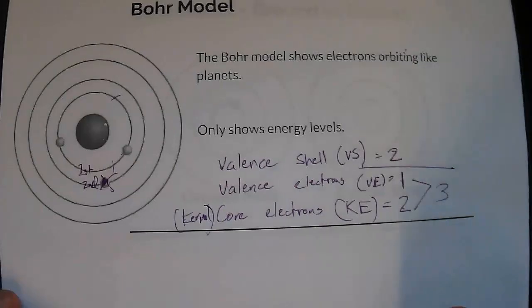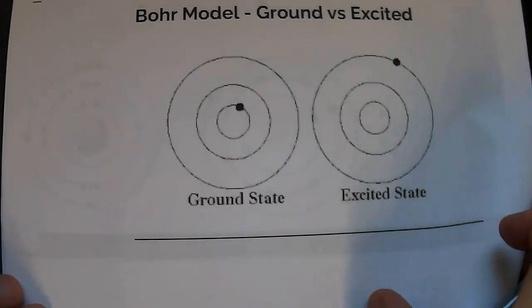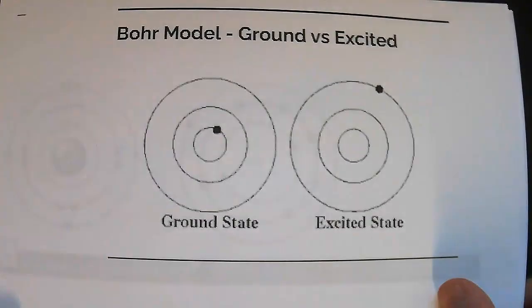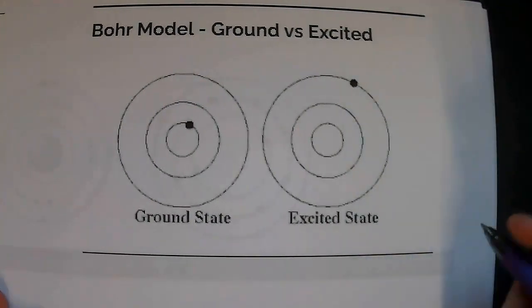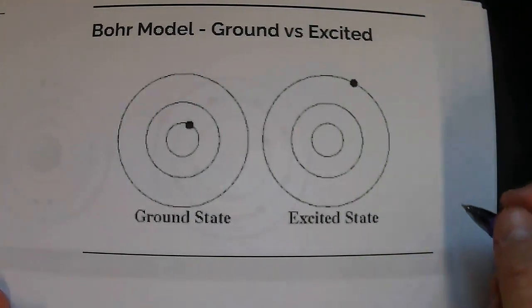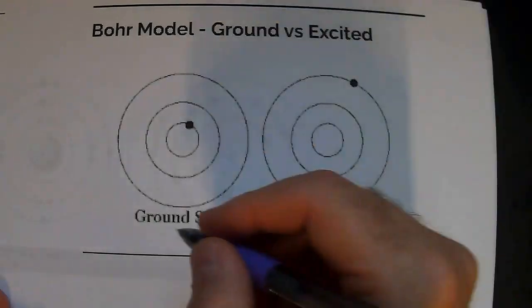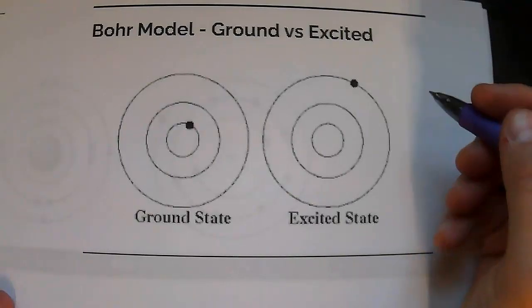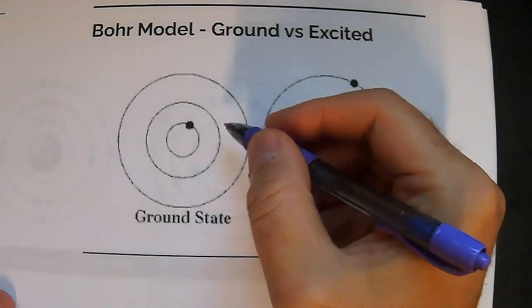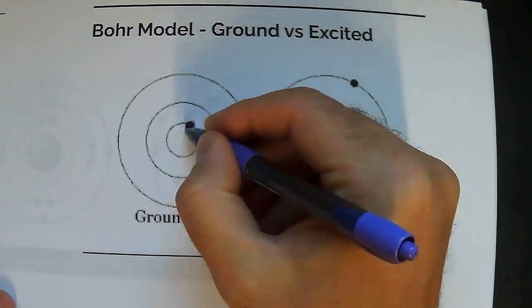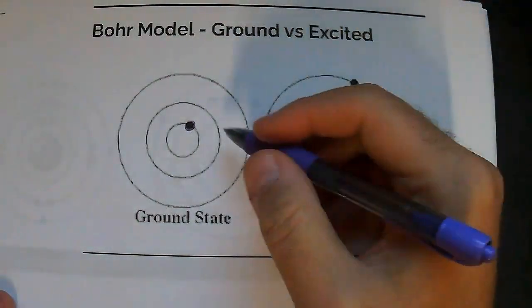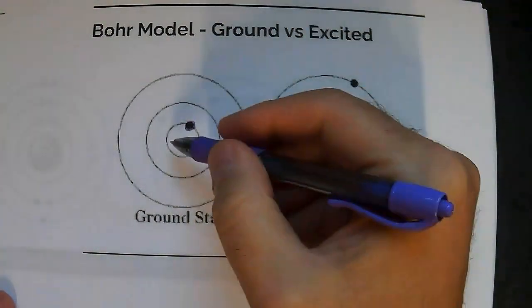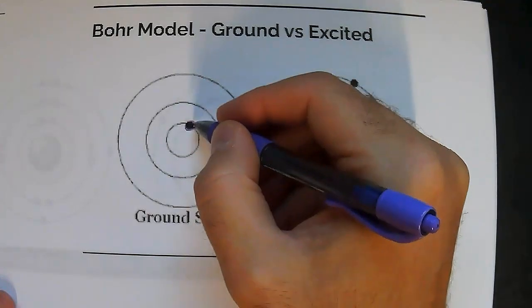1 valence electron. So let's go back to the beginning of the previous video and show how the Bohr model will demonstrate the ground versus excited state. Remember, the ground state is when you have electrons that follow the rules. Here we're just dealing with 1 electron, and that 1 electron wants to be closest to the nucleus.